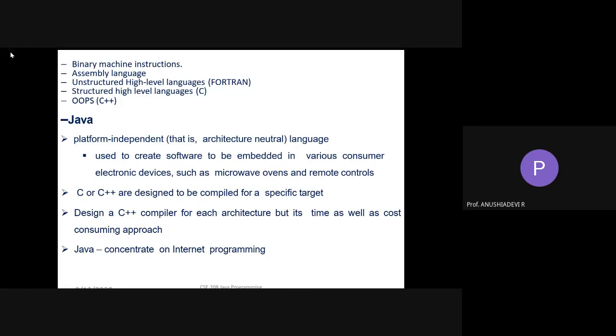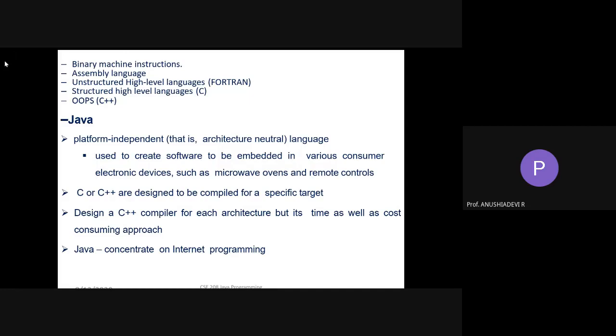But in Java, you need not do any modification in your code. So that single program can be executed on a Unix platform, a Windows platform or any other platform. So it is platform independent.